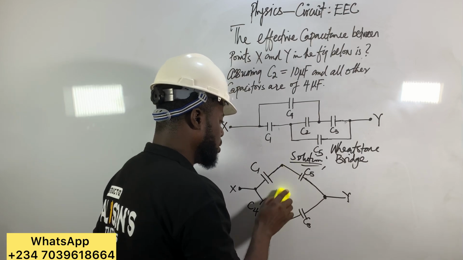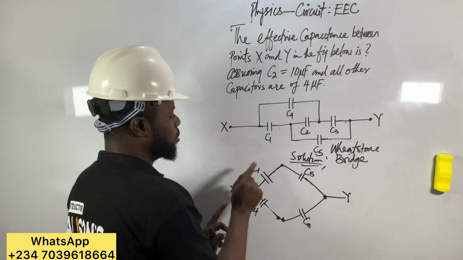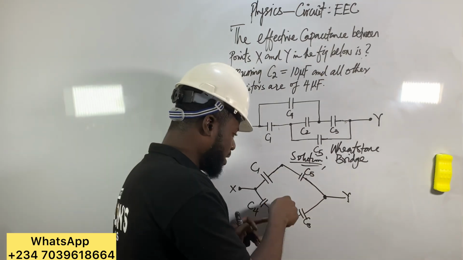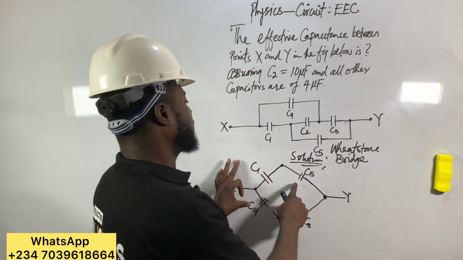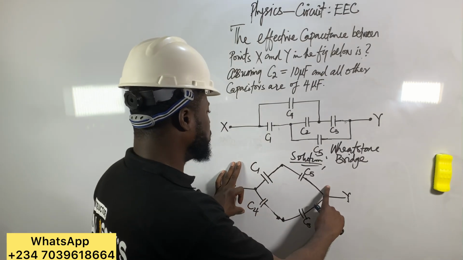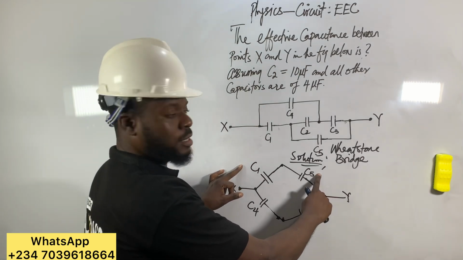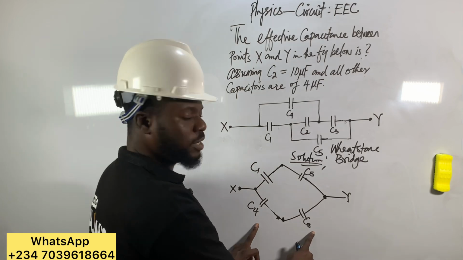It shocks you. So you see the Wheatstone bridge like this, it balances because this one is 4, 4, 4, 4. Otherwise, it would be tough to calculate. As it is now, you notice C1 and C5 are in series. You also notice C4 and C3 are also in series.